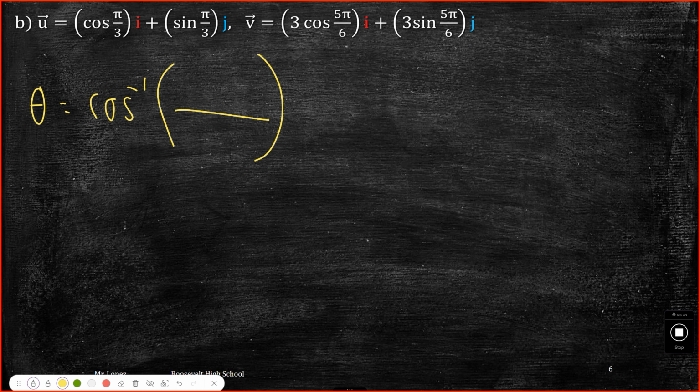Add sine pi by 3, close it, times 3 sine 5 pi by 6. All right, hopefully I got something good here. What the heck? I got 0. What did you guys get? 0? All right, good.